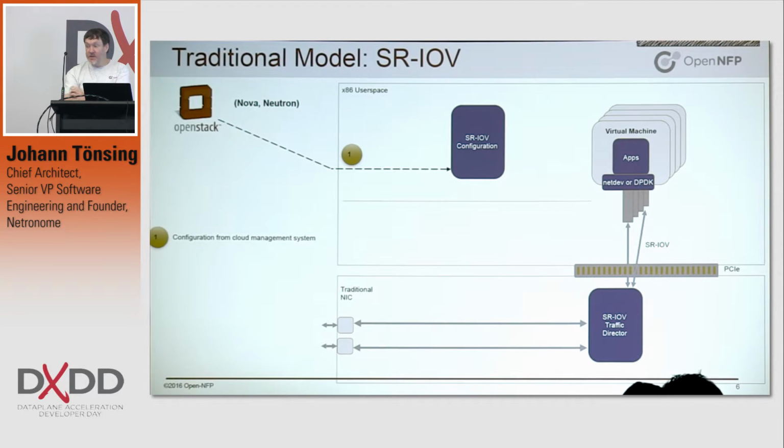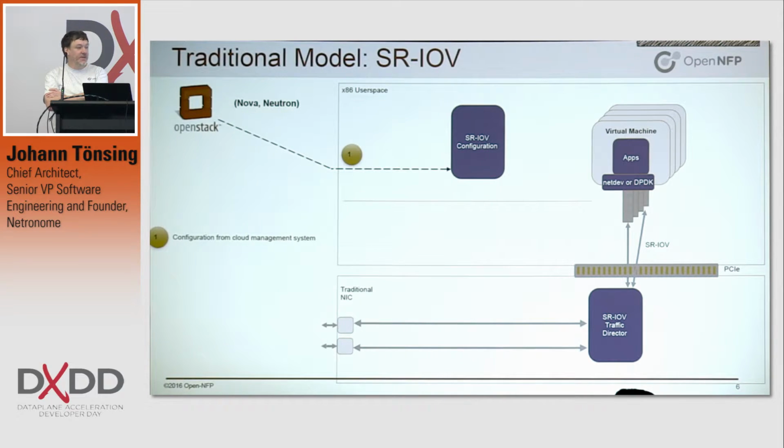So let's delve a little bit into the NIC features and the intricacies of actually delivering the data to the virtual machines or the host in general. The simplest one to consider is the SR-IOV model, where SR-IOV really has other synonyms like PCIe device assignment.